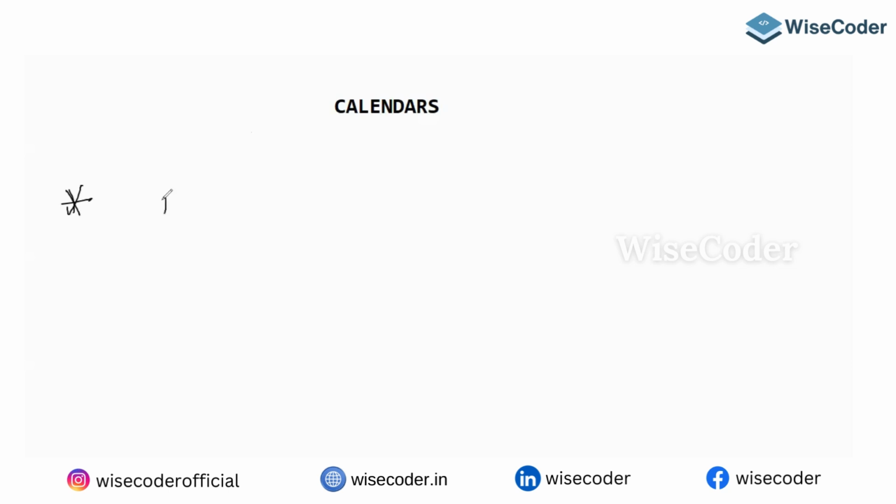You can take examples: 400, 800, 1200, 1600 and so on. These are called century years. Next.